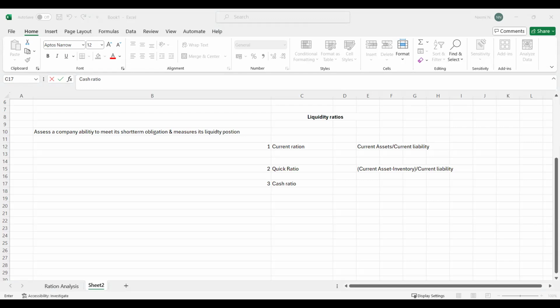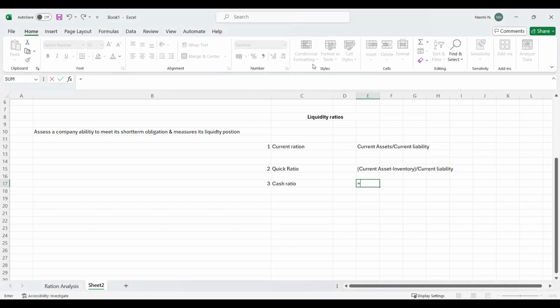The cash ratio is the most conservative liquidity ratio, as it considers only cash and cash equivalents in relation to current liabilities. It measures the company's ability to pay off short-term obligations. So this one only focuses on cash, nothing else. No stock, nothing else. So here it is just the money we have.